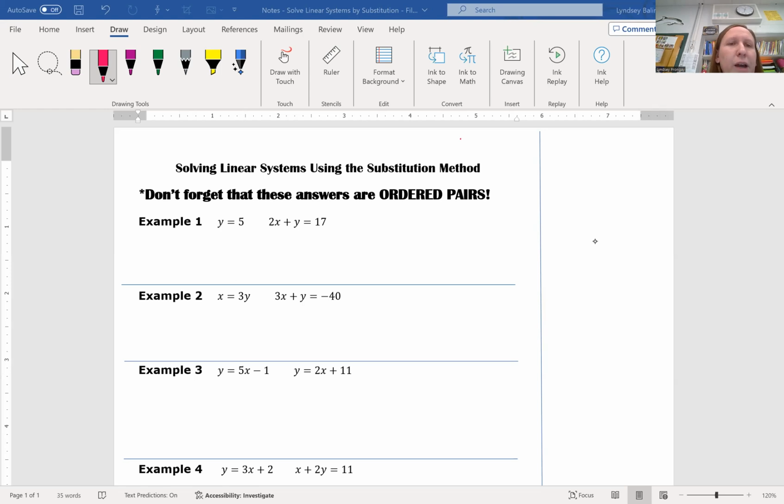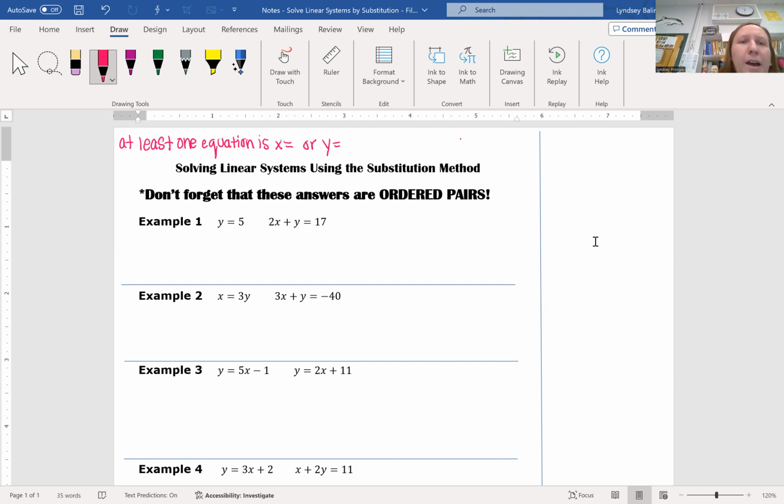Okay? So the substitution method is really good in certain scenarios, okay? When you have at least one equation that has x by itself or y by itself. So at least one equation is x equals something or y equals something, okay?